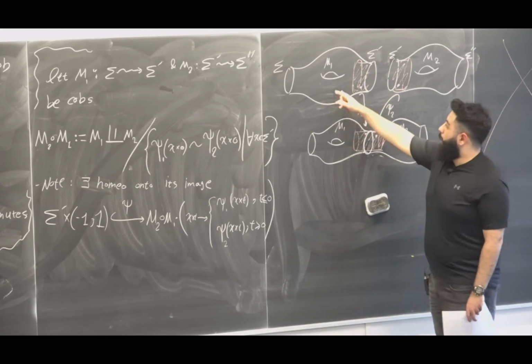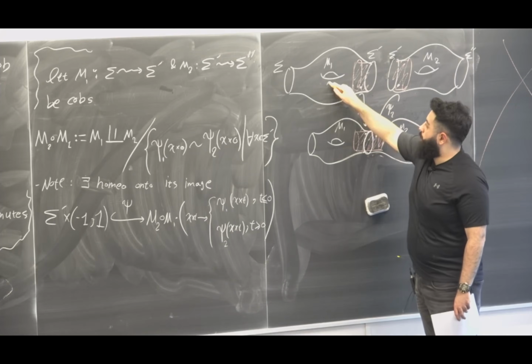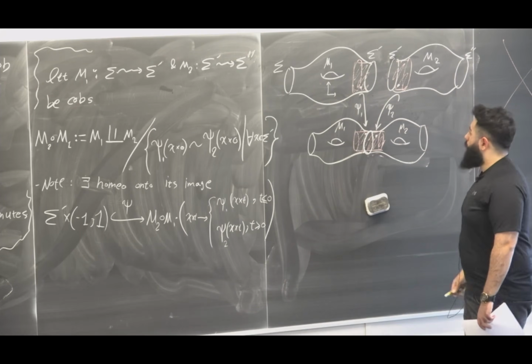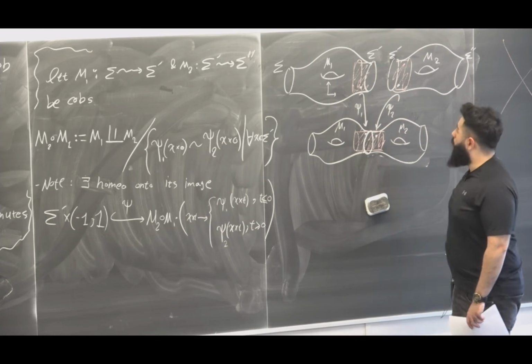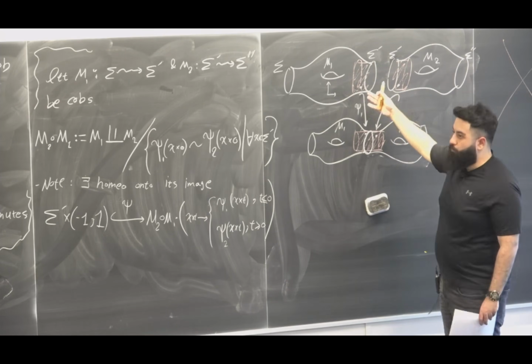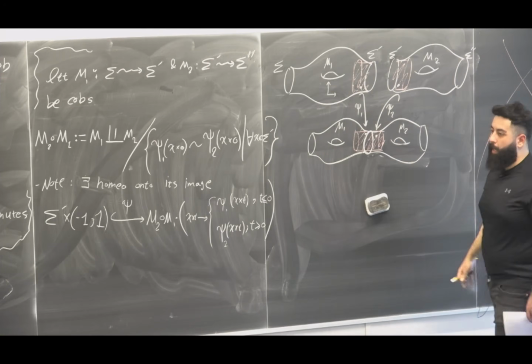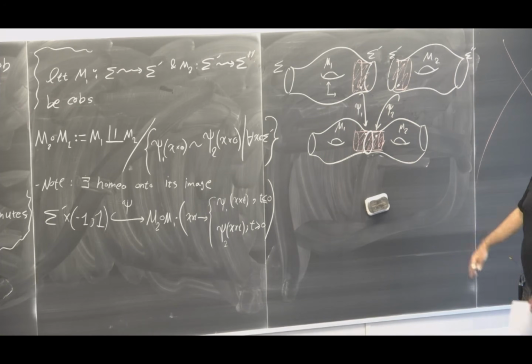If I have an orientation here, let's say this is my orientation, we talked about this, that it canonically induces an orientation on sigma prime, and hence the collar, because we mentioned for the Cartesian product of two oriented manifolds, that's also an oriented manifold.